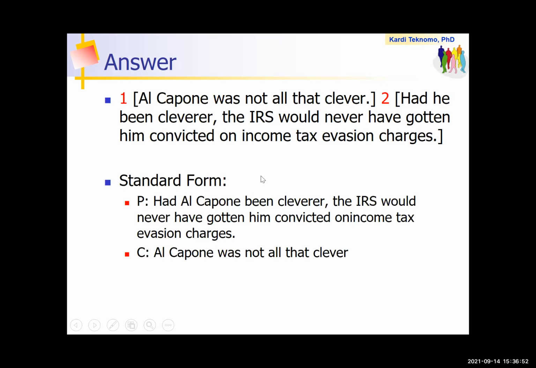Then you put it into standard form. Which one is P? Which one is C? The standard form always has premise and then conclusion. So you know number 2 is the premise, and number 1 is the conclusion. Any question?